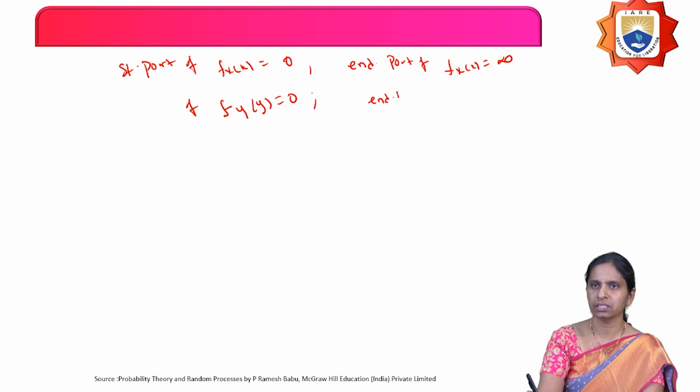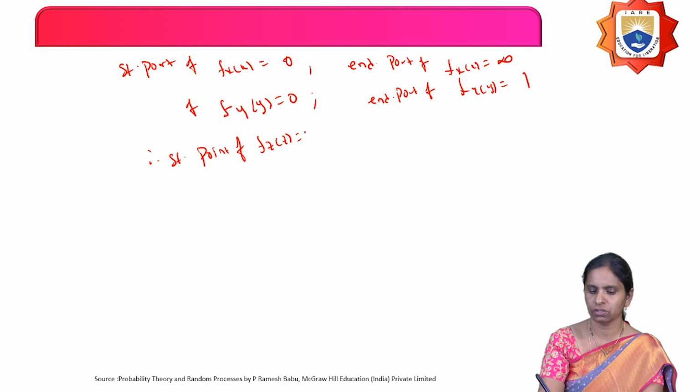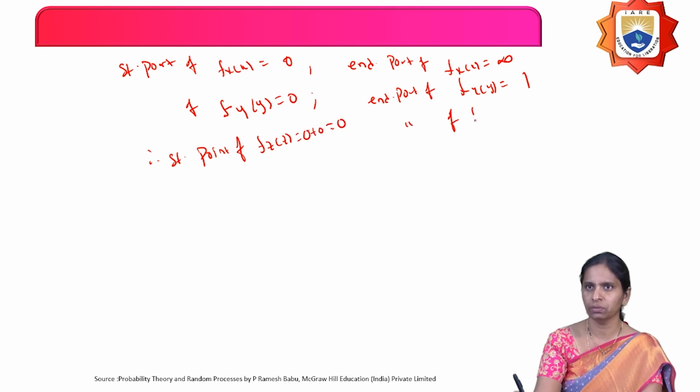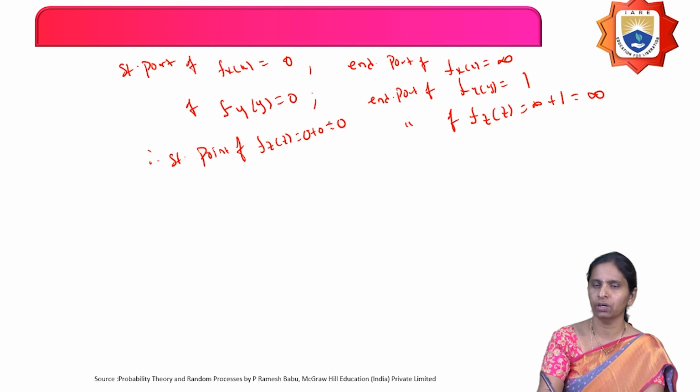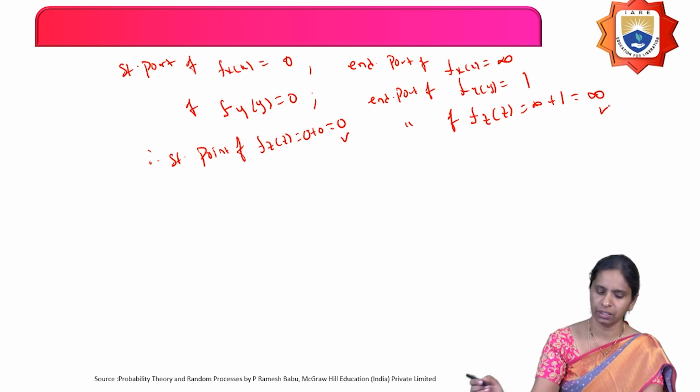And what is the ending point of fy of y? 1. Therefore, what is the starting point of fz of z, the convolution? Starting point of this plus starting point of that, so 0 plus 0 equals 0. And similarly, the ending point of fz of z is the ending point of the first sequence plus 1, nothing but infinity. Therefore, your fz of z exists from 0 to infinity.